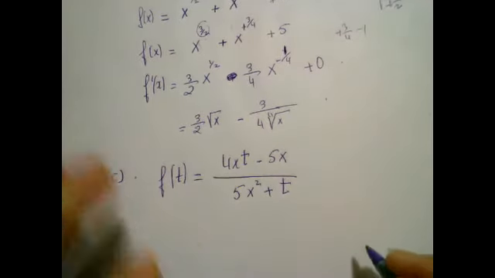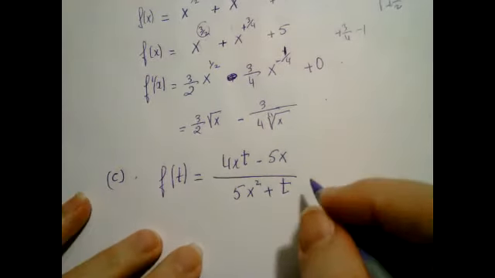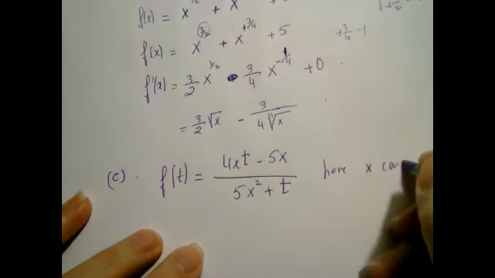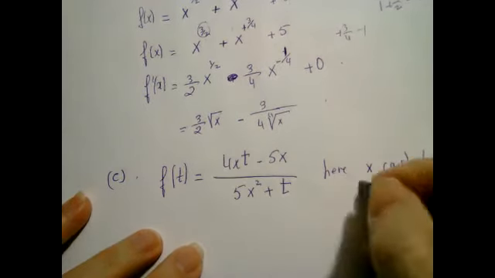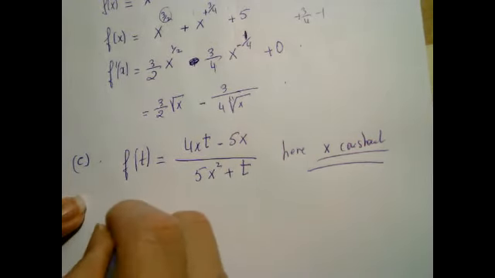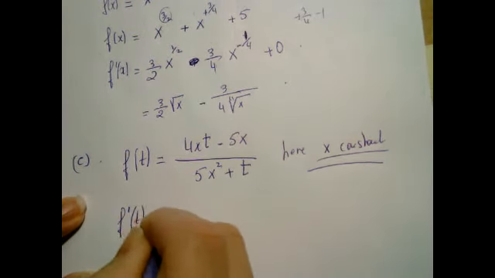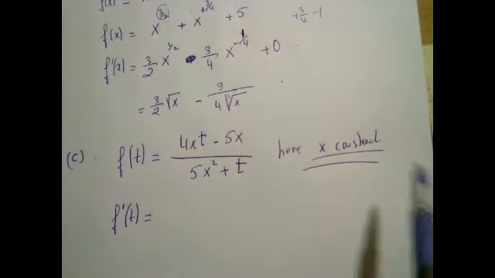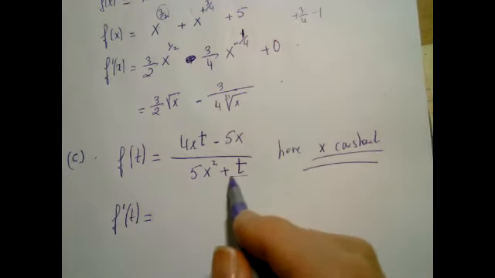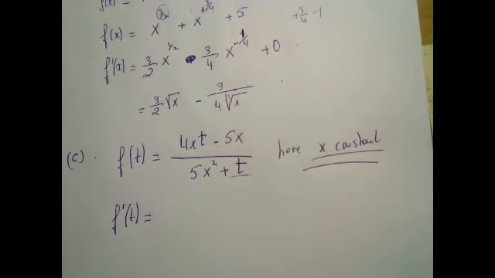This is t, and x is a constant. So the variable here is t, x is a constant, and the question is find f prime of t.